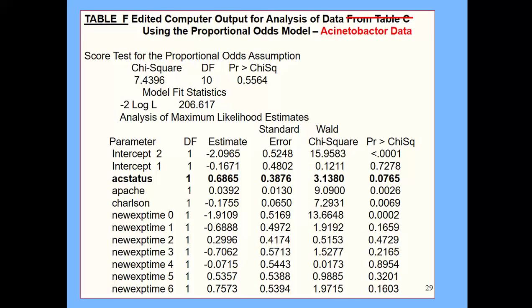I wanted to skip to it because I wanted to show you what you would get if you ran this model that has all the variables in it, and it's a no interaction model. You remember there's the E variable, that's ACS status, there's Apache, Charleston, and there's 7 dummy variables for 8 exposure times.